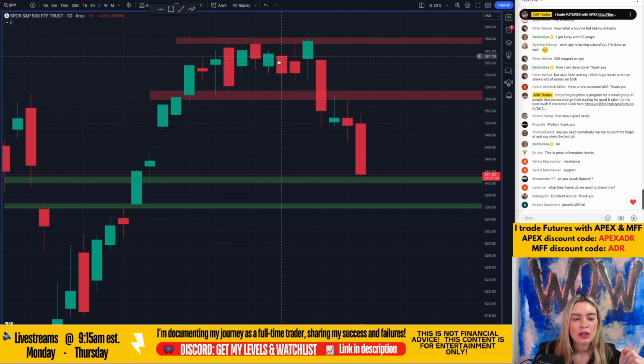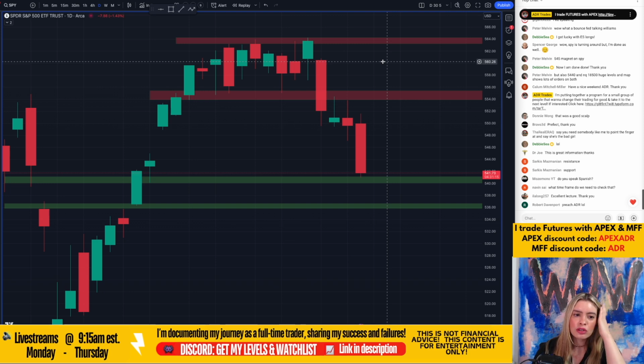Again, this one. Doesn't matter if it's green or red. It has a very long wick at the top. It means it had a strong reaction at resistance, clearly telling me that it doesn't want to break that resistance, right? And it doesn't matter what time frame you're looking at.